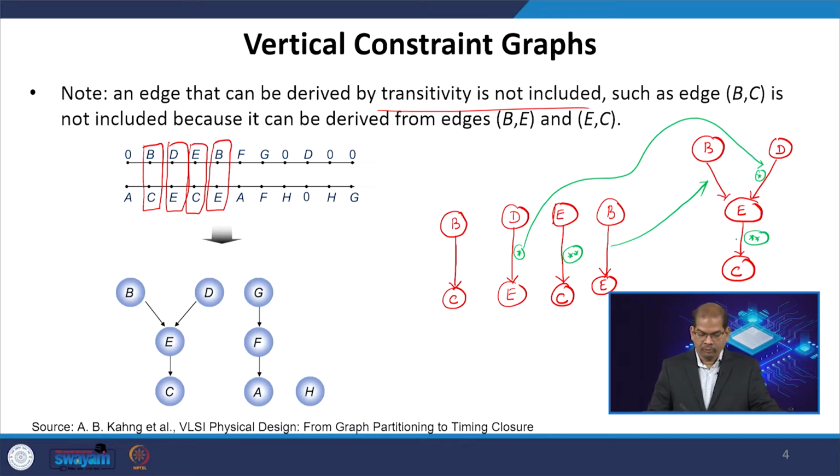Now, the B to C edge is not needed, so we can remove it from the graph. An edge that can be derived by transitivity is not included. For example, the B to C edge is not included in the vertical constraint graph, because there is an intermediate node connecting both of them.